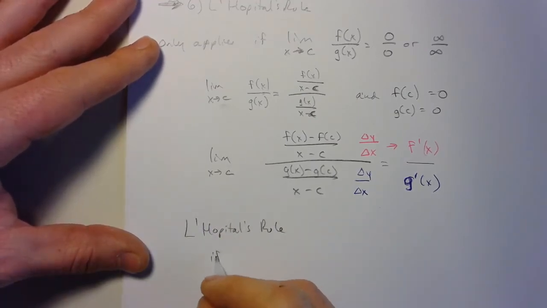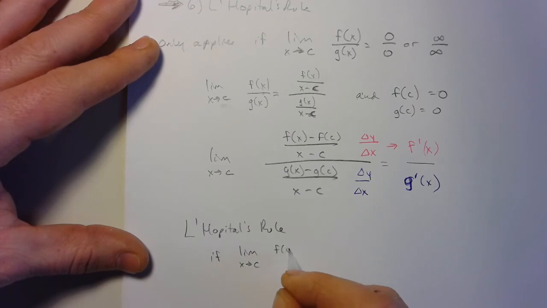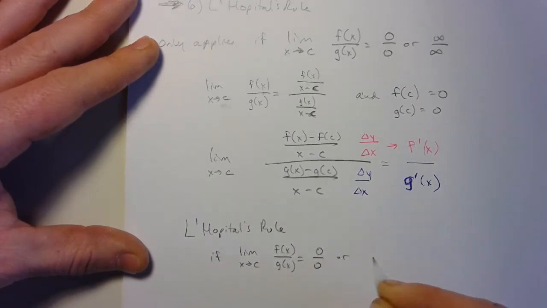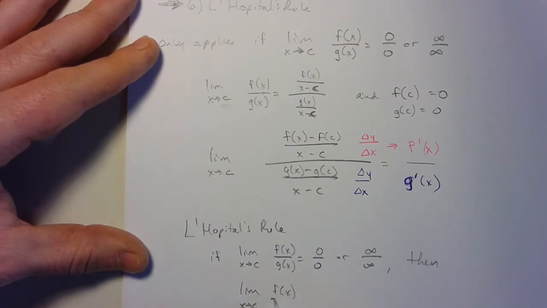If the limit as x approaches c of f of x over g of x equals 0 over 0 or infinity over infinity, then the limit of the original equals the limit of the derivatives of the functions.